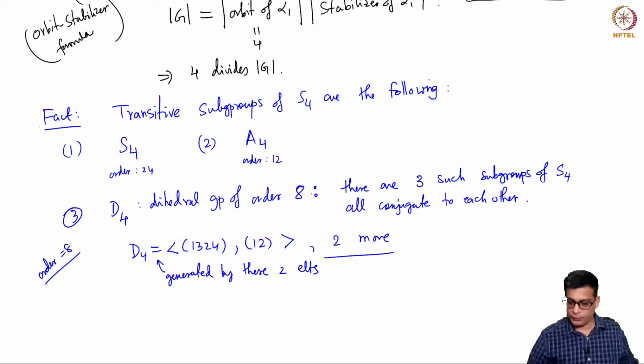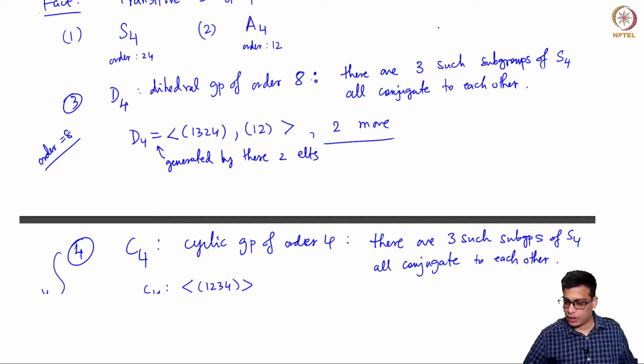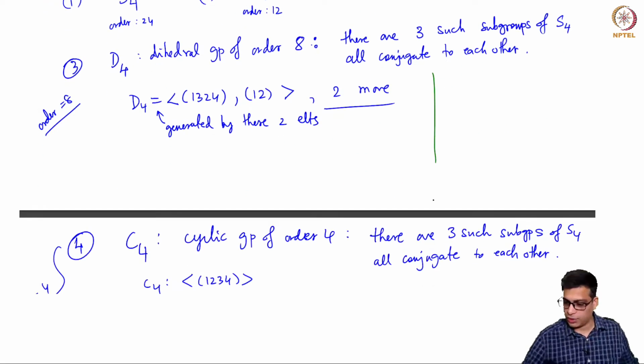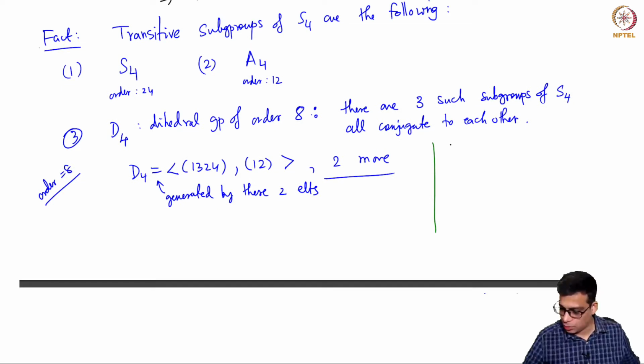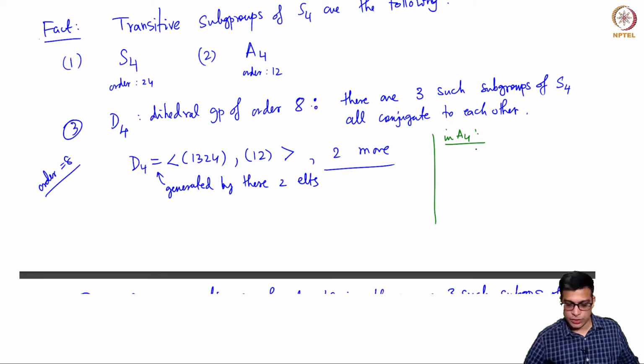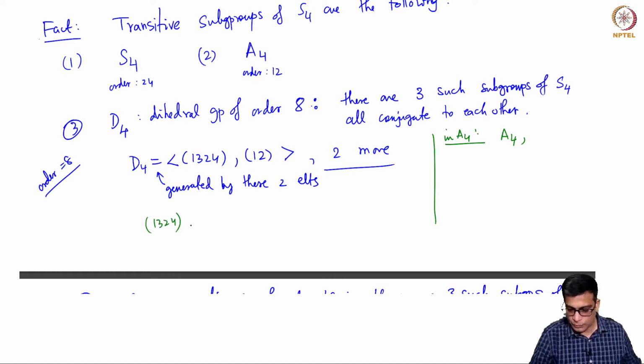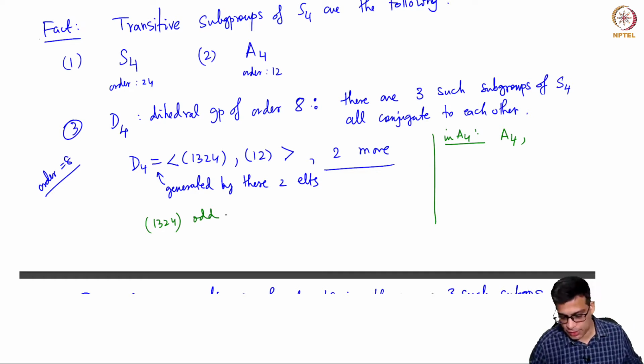these in terms of which of them are in S4, which of them are in A4 and which of them are not in A4. So in A4, of course, there will be A4. (1 3)(2 4) is odd. Okay, this is a 4 cycle. I mean of course this is also odd.